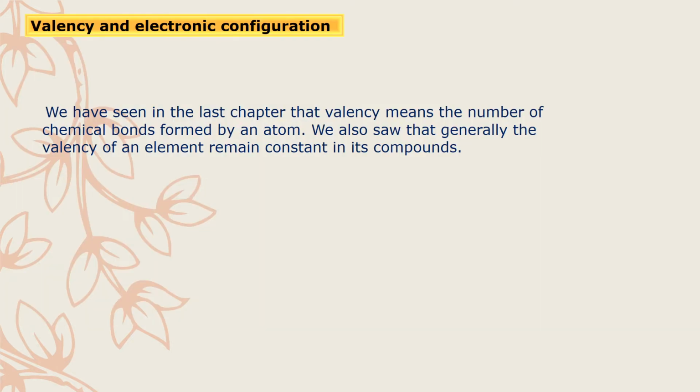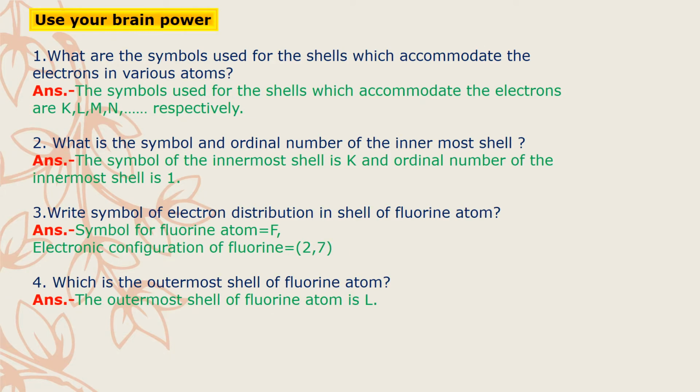Valency and electronic configuration. We have seen in the last chapter that valency means the number of chemical bonds formed by an atom. We also saw that generally the valency of an element remains constant in its compounds. Now let us see, children, use your brain power.